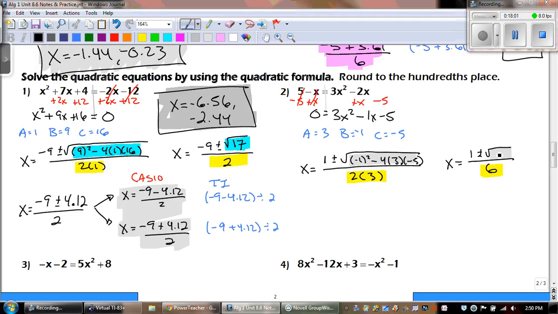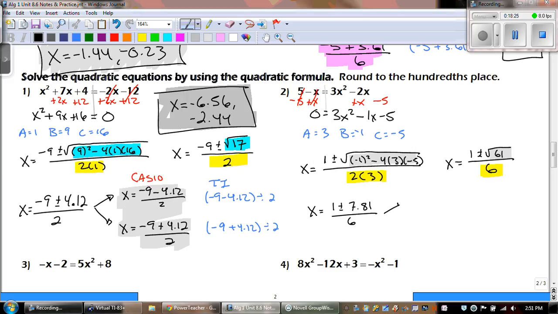Underneath the square root, you should have gotten 61. Okay? And now the square root of 61 is what? Did you get 7.81? That's what I got. Okay.